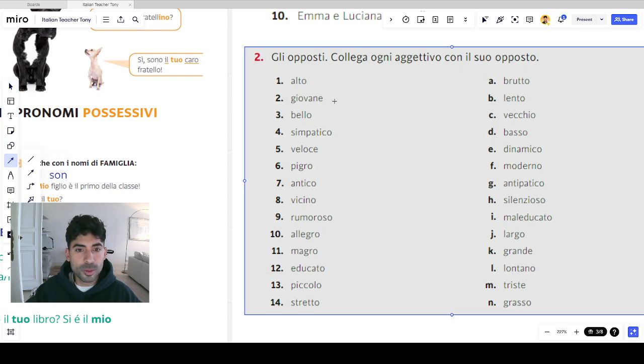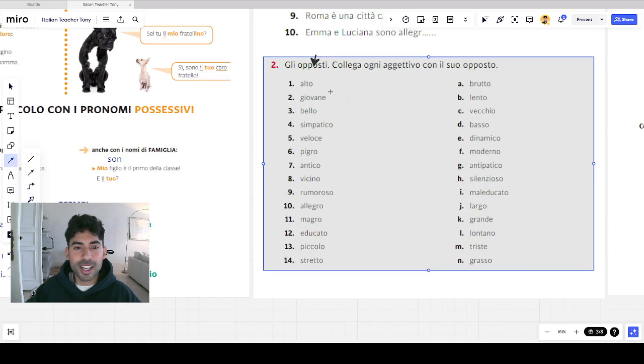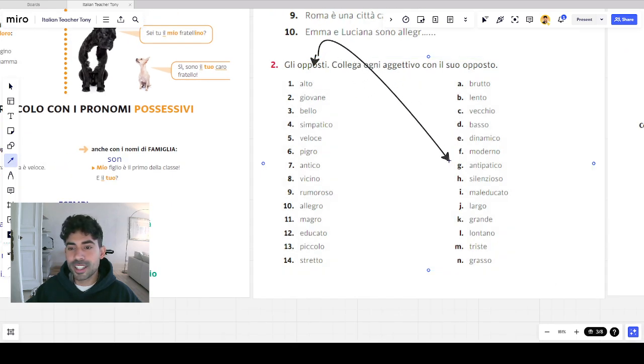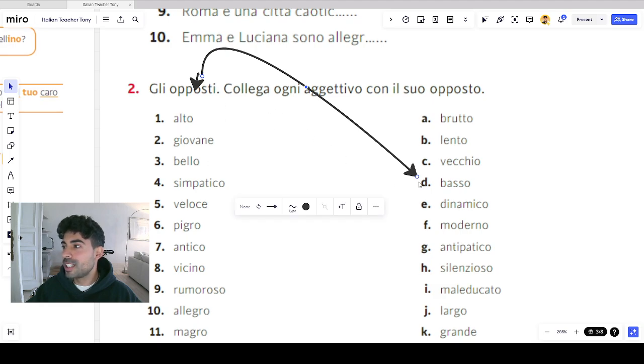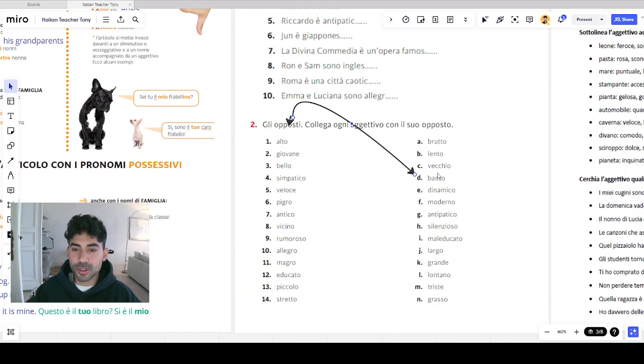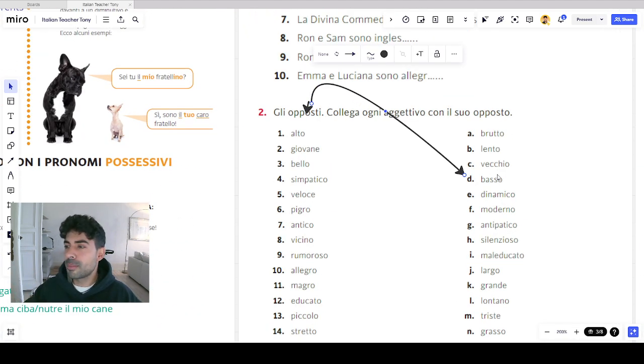So what you will have to do is take the connection line. Why did it go there? Let me try to take another connection line. You take alto, it's going there for some reason, I don't know. Anyway, alto will be linked with basso, tall, opposite, short. So do this on your own time and practice both the adjectives and the vocabulary.